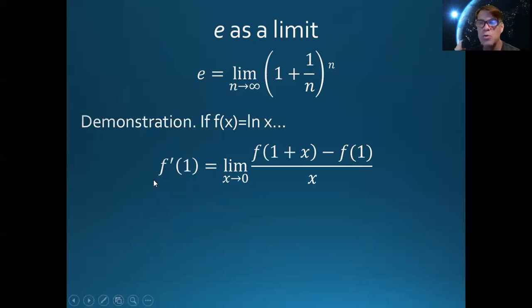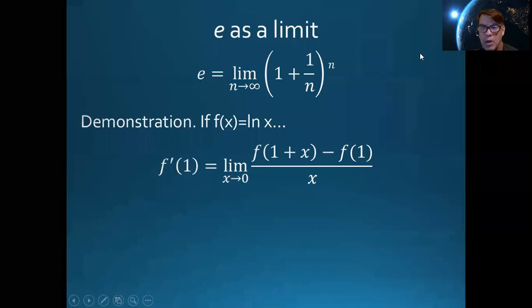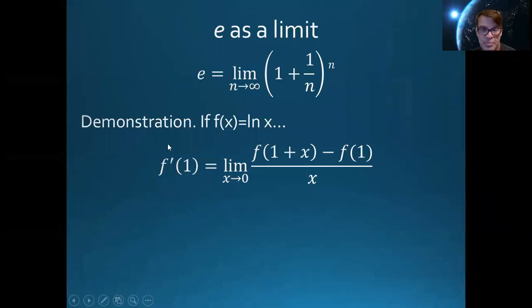Why are we doing this? Because it works. So let's take the limit as x approaches 0 of f of 1 plus x minus f of 1, all over x. Why would we do that? Because the derivative of something is the limit as delta x approaches 0 of f of x plus delta x minus f of x, all over delta x.